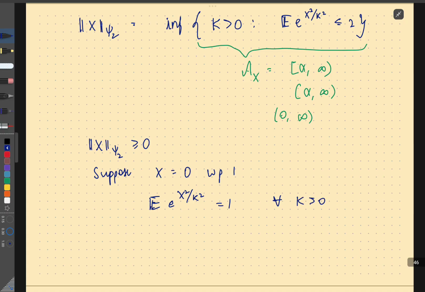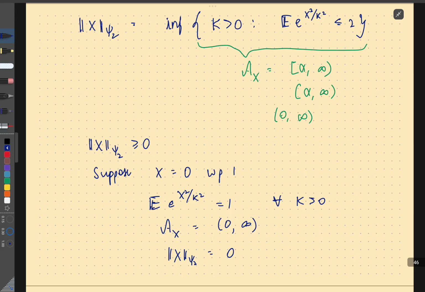Greater than 0. So this set A subscript x essentially is the entire positive real line. In this case, what is the Subgaussian norm of x? It's equal to 0.